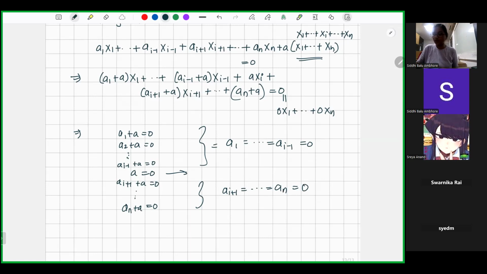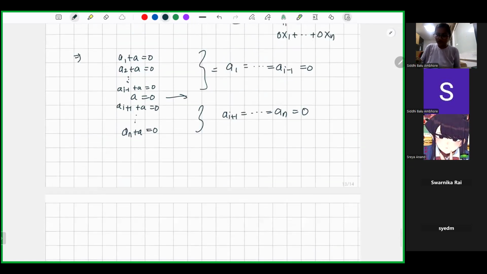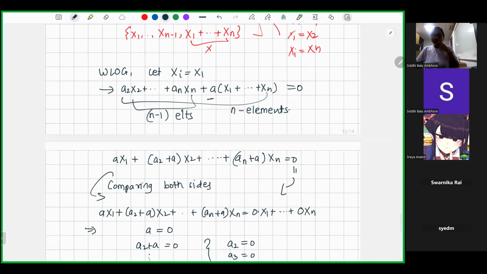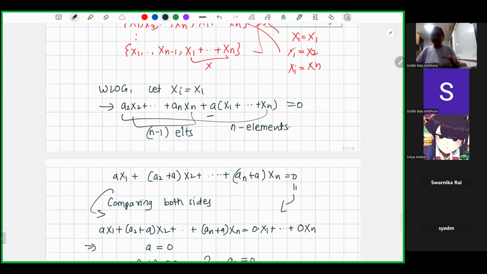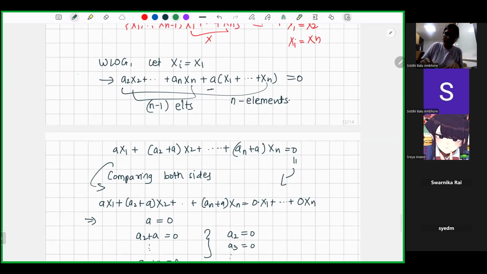And overall I get that all a1 to a_n and a become 0. So we started with n elements. This was general, again I'm writing this general expression for the linear combination to be 0.